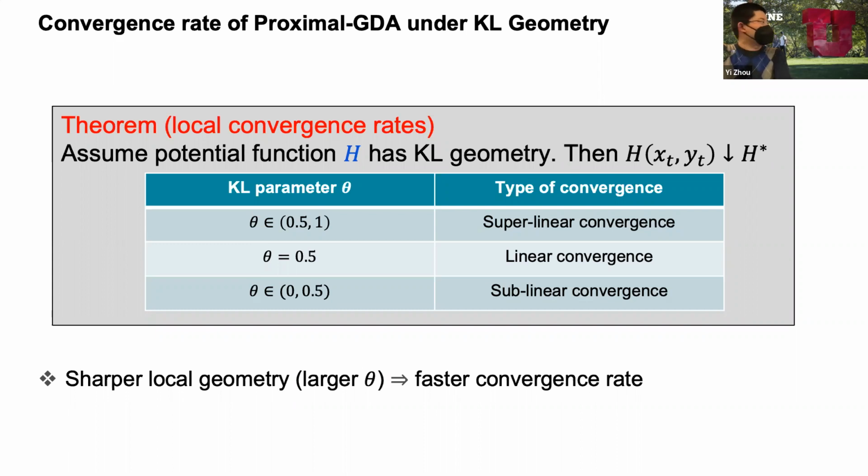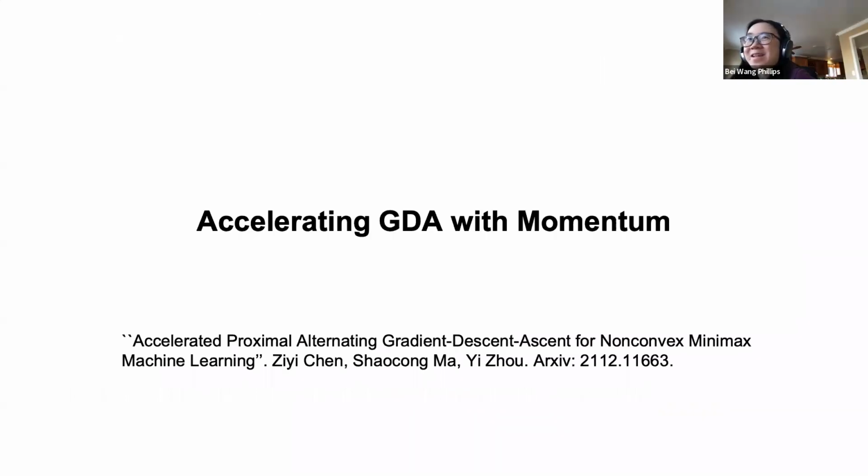I would say maybe we can use some numerical methods to estimate. By looking at the type of convergence of the algorithm, we can go back and maybe estimate the value of theta. Okay, so it's more like a chicken and egg problem now. Yeah, exactly. Okay. All right, thanks. Yeah, in general, this is not an easy problem. Okay, thanks.